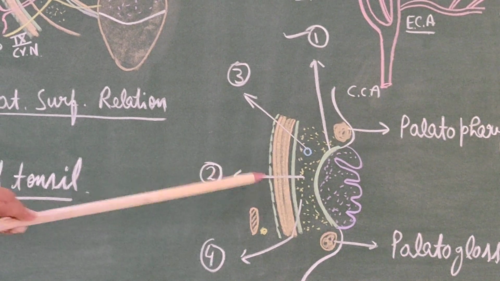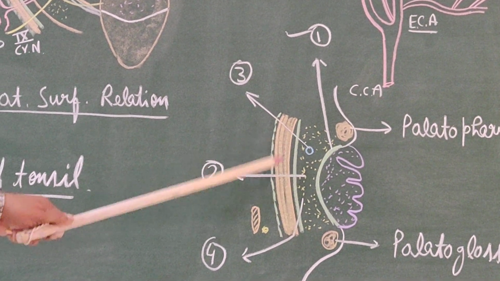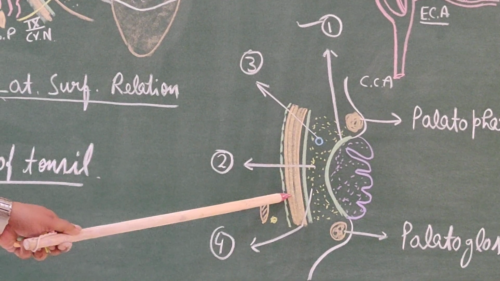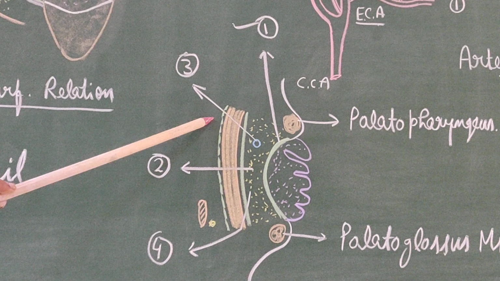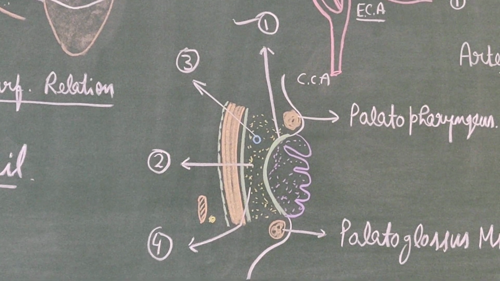Now, this structure is the bed of the tonsil. It is the superior constrictor, lined by the pharyngobasilar fascia inwards, and outward it is the buccopharyngeal fascia.